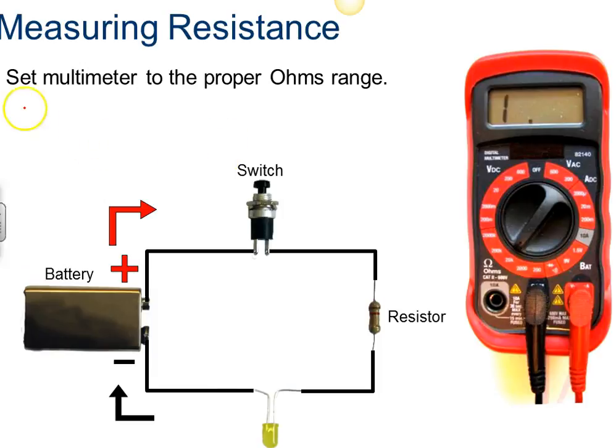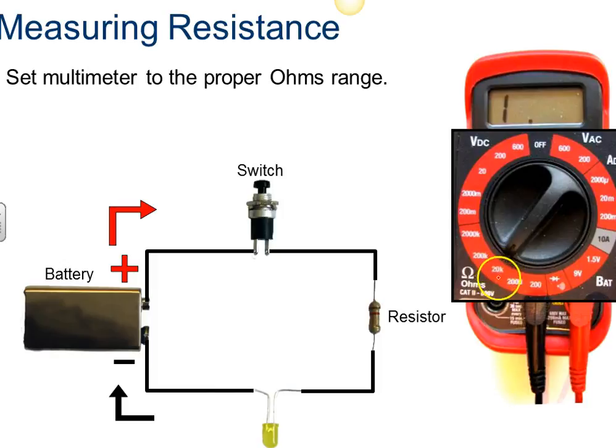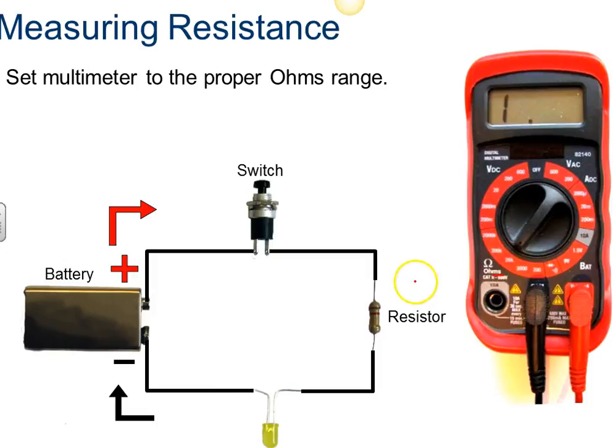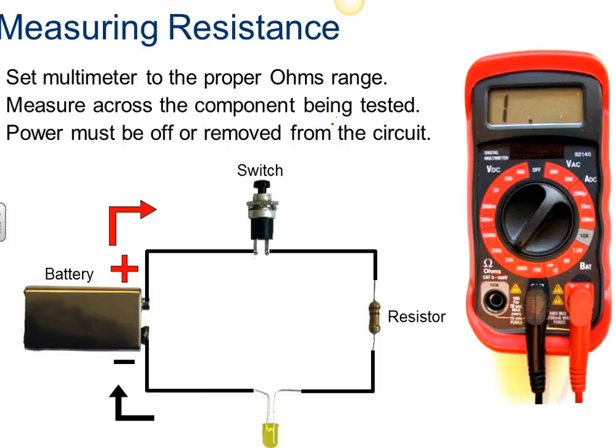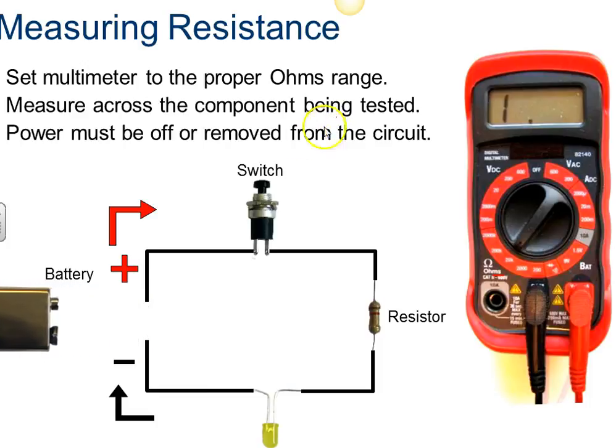Okay. Measuring resistance, we set the multimeter to the proper ohm range, and sometimes you don't necessarily know exactly what that is to begin with, so you have to experiment a little bit. This is saying we're around 20K, which would be 20,000 ohms. We measure across the component being tested, and we remove the power source.